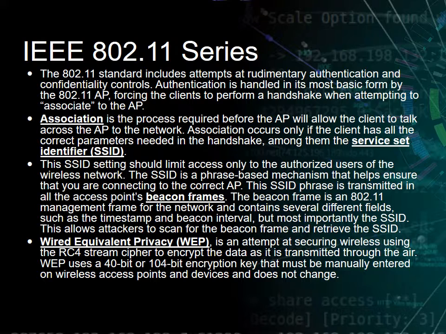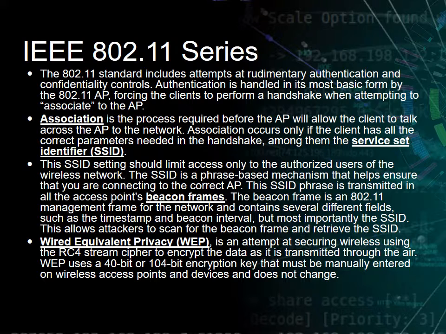The SSID phrase is transmitted in the access point's beacon frame. The beacon frame is an 802.11 management frame for the network and contains several different fields, such as the timestamp and beacon interval, but most importantly, the SSID. This allows attackers to scan for the beacon frame and retrieve the SSID. Even when you turn it off, they do have means of finding the SSID.